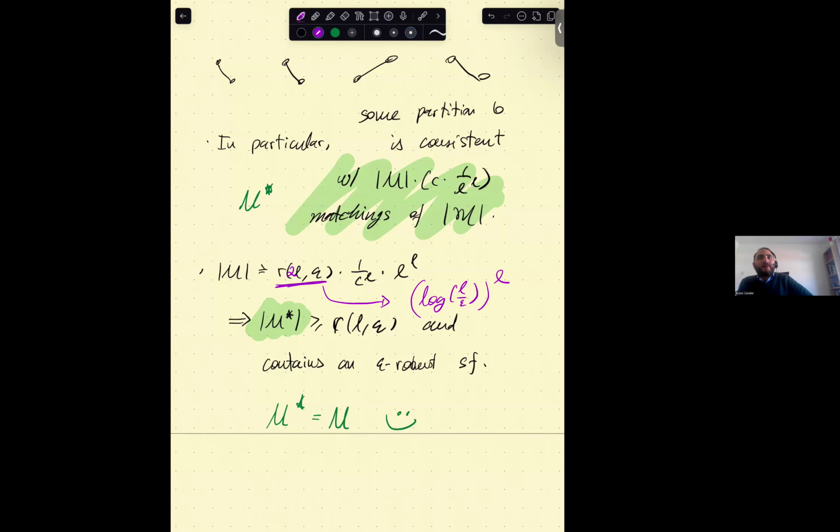And can you say why? Just to test if you're following. Well, we need 2L because there are 2L vertices in a matching of L edges, right?